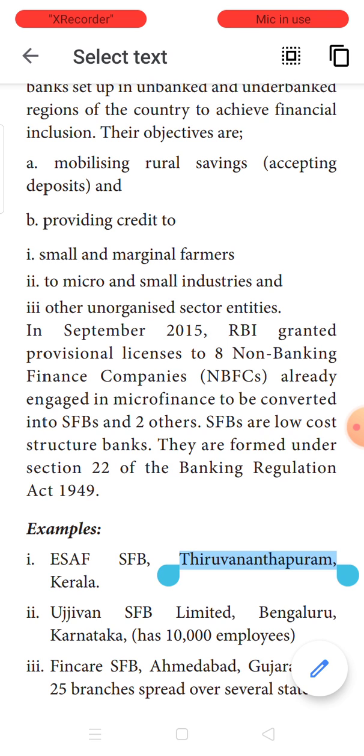See, for example, in the unorganized sector, if any person does cooking work, catering to the needs of the local people around them, it is the unorganized sector. And if they are selling mud pots, you might have seen on the roadsides, people selling designed potteries, they belong to the unorganized sector.